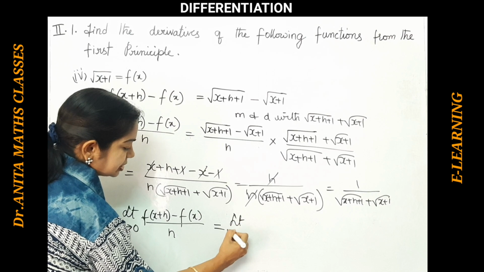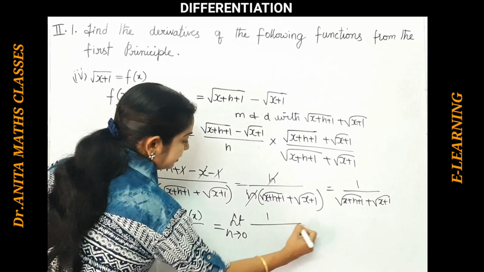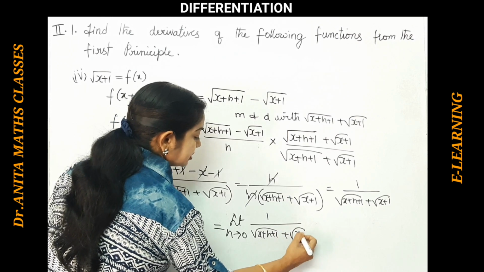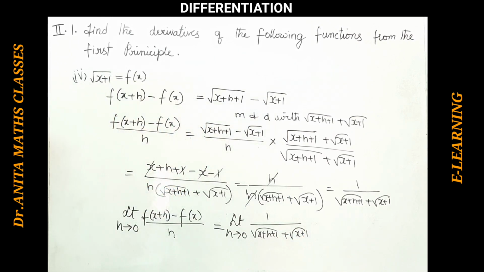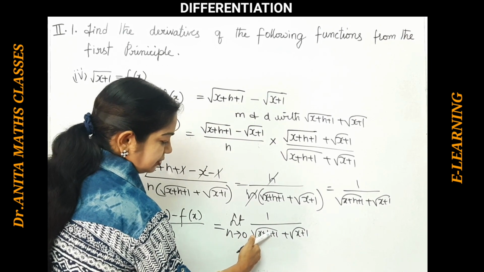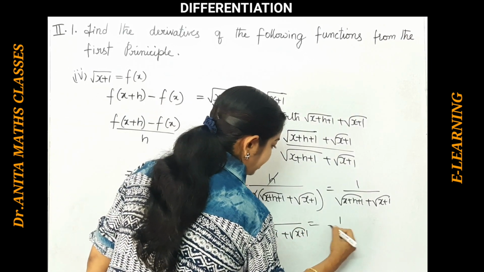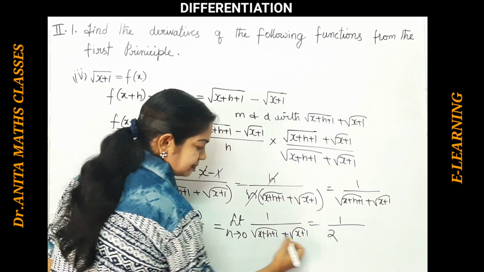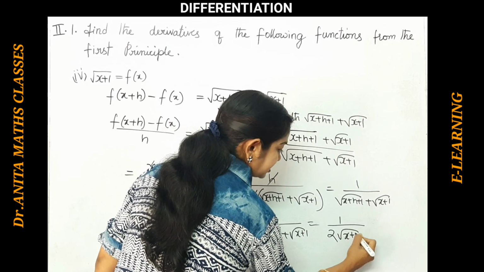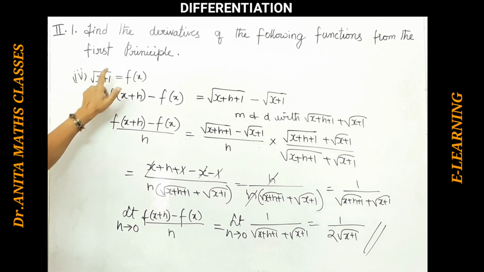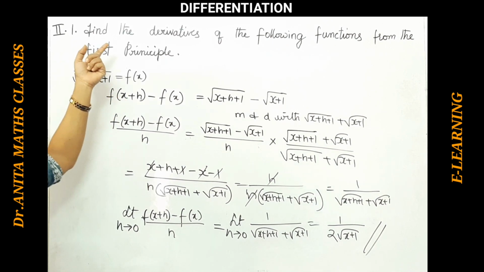So limit h tends to 0, 1 divided by under root x plus h plus 1 plus under root x plus 1. Now we apply the limit: h tends to 0, so if you put 0 here, you get 1 by 2 under root x plus 1. So 1 by 2 under root x plus 1 is the final derivative of this. As we also know, when we take the derivative of this, we get half outside, half into x plus 1 to the power of minus half.